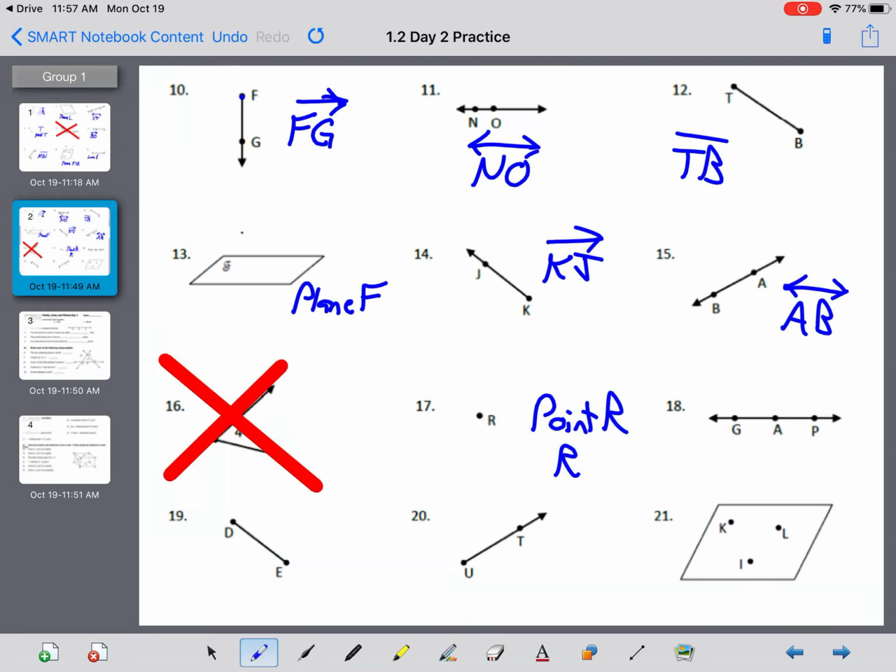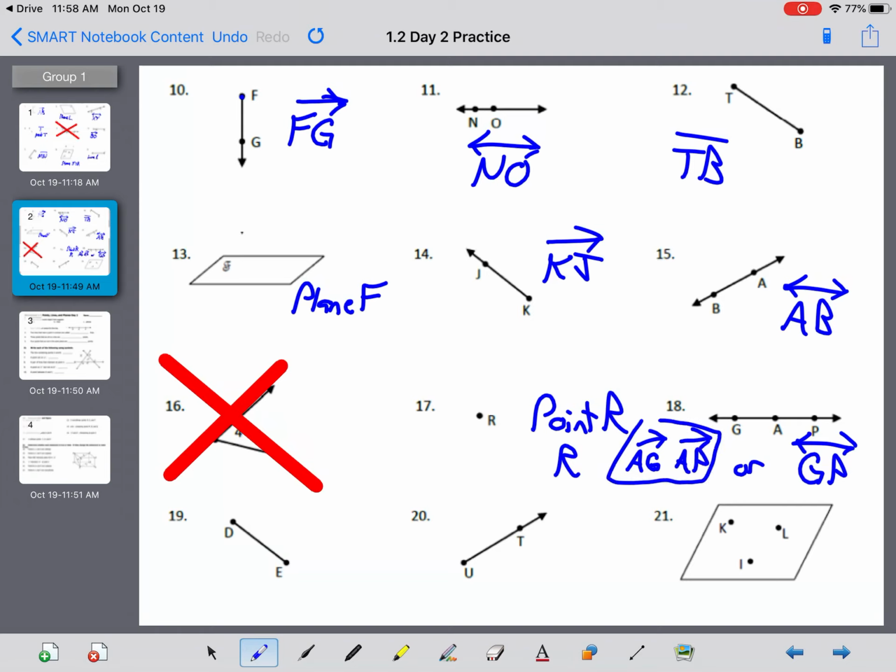Number 18 is a line again, but this also looks like our 2 rays combined from yesterday. So we could either write this as line GP or ray AG and AP.